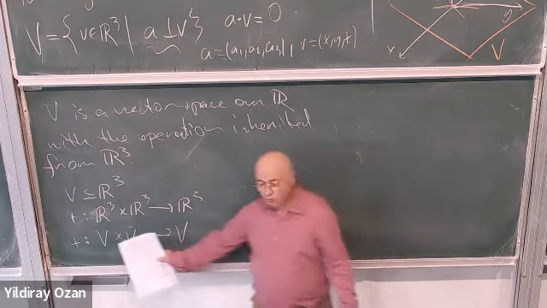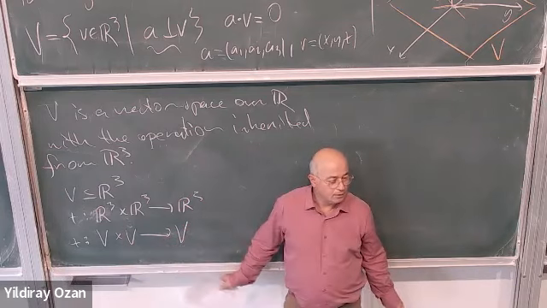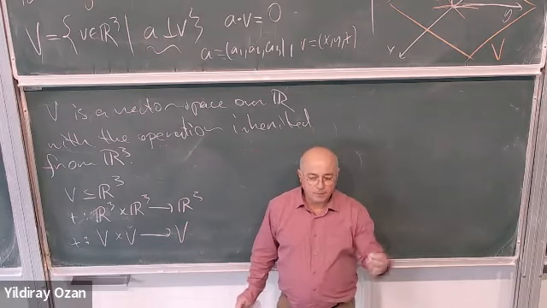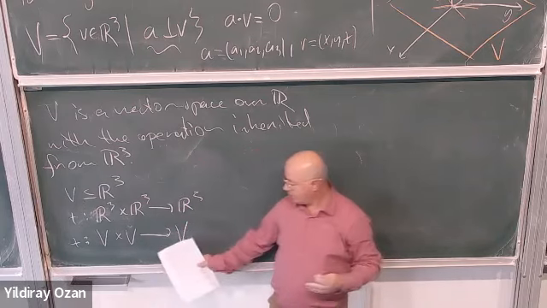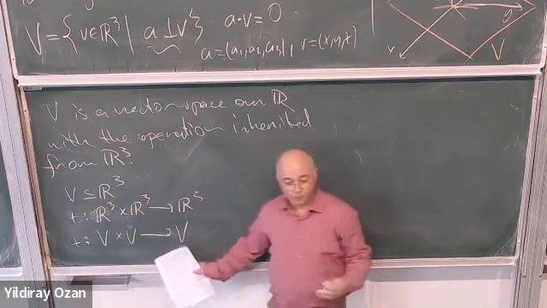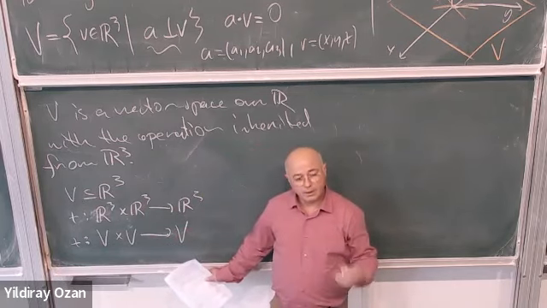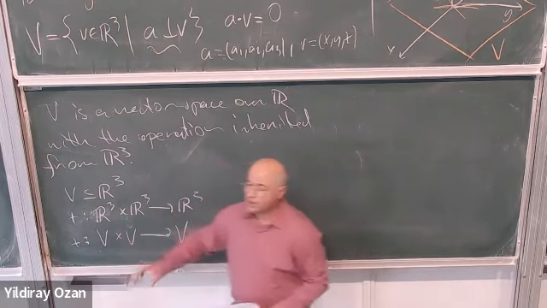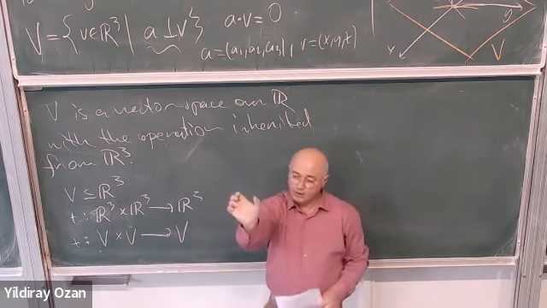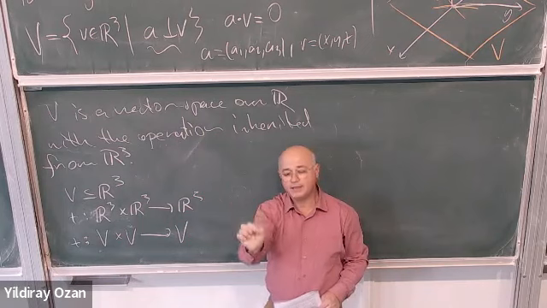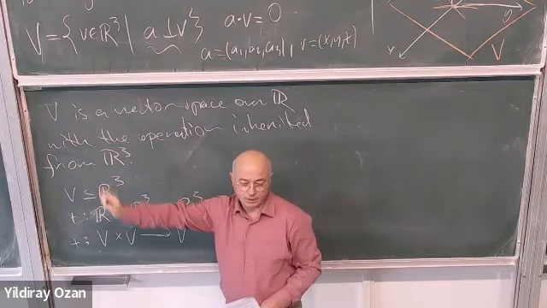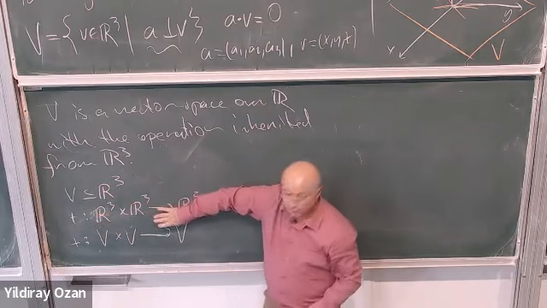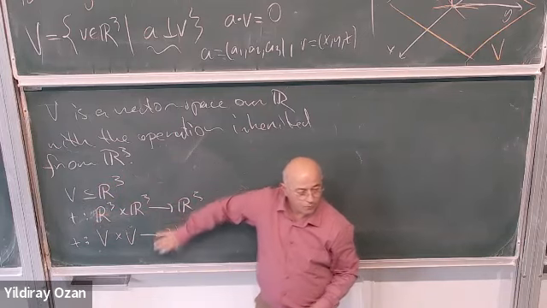Otherwise, that wouldn't be an operation on V. Değil mi? Yani grup işlemi olması için we are claiming that this is an abelian group. For this thing to be an abelian group, this should be an operation. An operation does what? Takes two elements of the set and sends it to a third element. So if I take two elements from this, then I should end up with an element here. Okay?